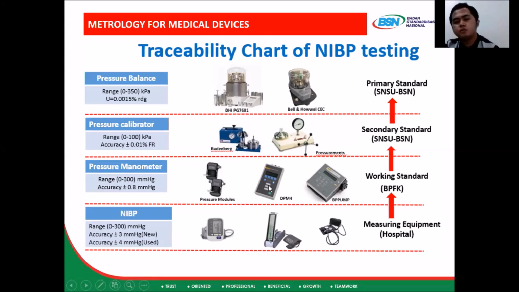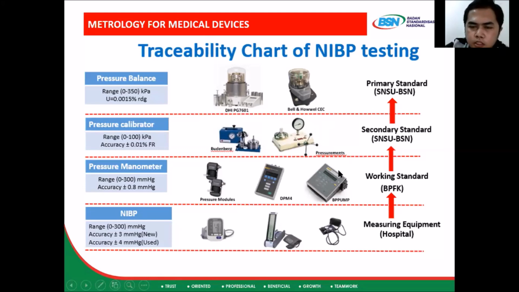This is to measure the static pressure of the blood pressure monitor. And the BP pump, they have it, but until now it is not calibrated at our institution. This device is called the simulator. I will explain what the simulator is. This is to test the repeatability of the blood pressure reading.